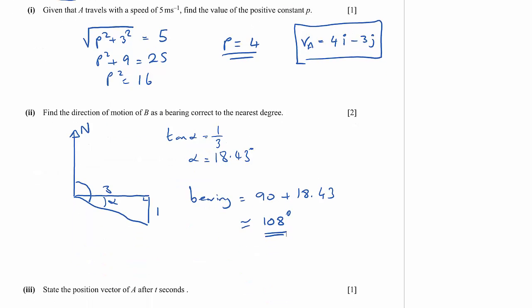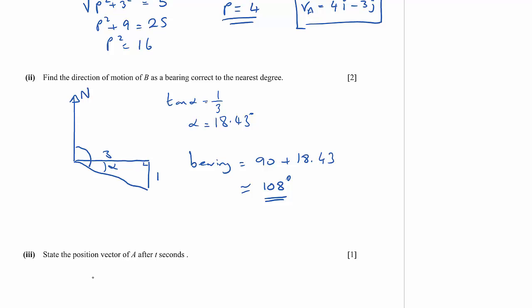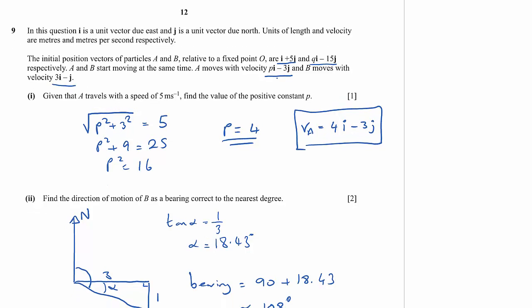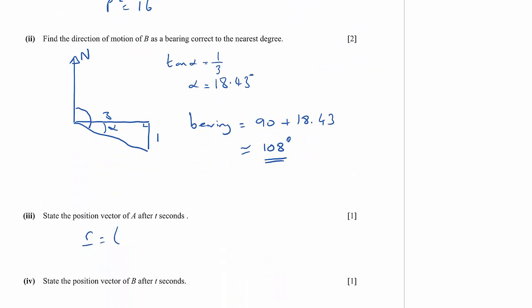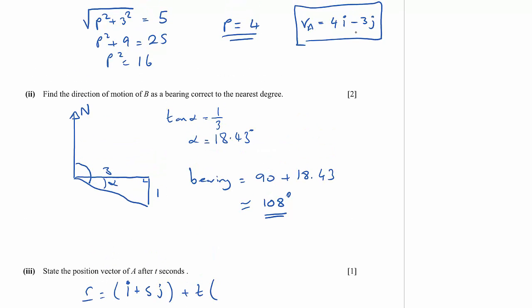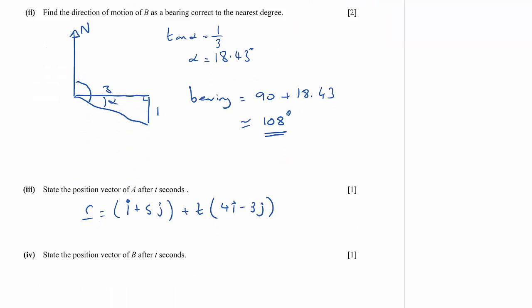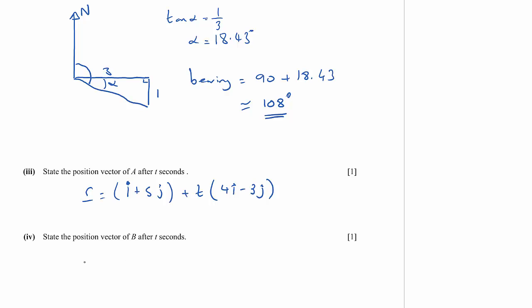So what do we want next? We want the position vector of A after t seconds. So we know that it starts at i plus 5j. And then every second it moves with this velocity 4i minus 3j. So that does that. Let's take the position vector of B after t seconds, so we'd better call that RB this time, sorry.